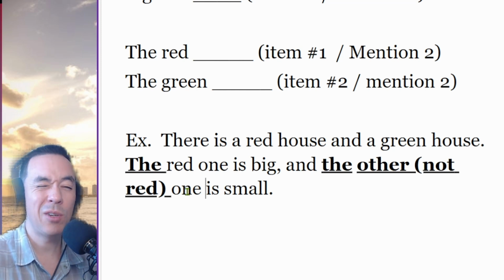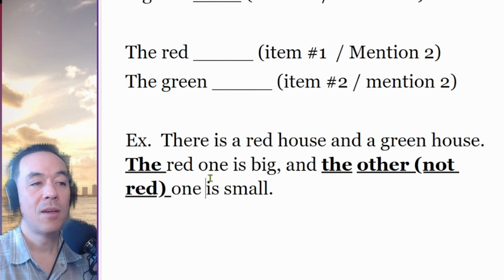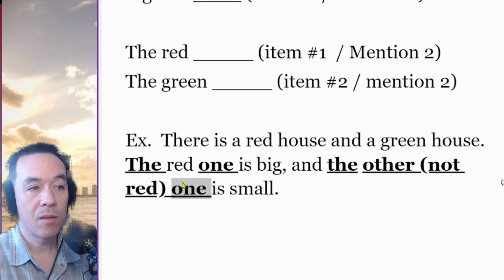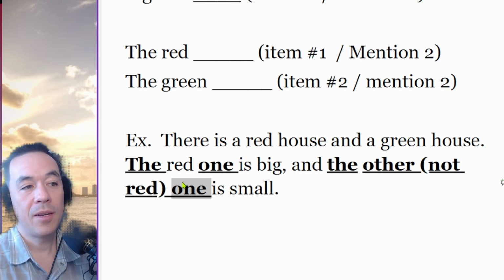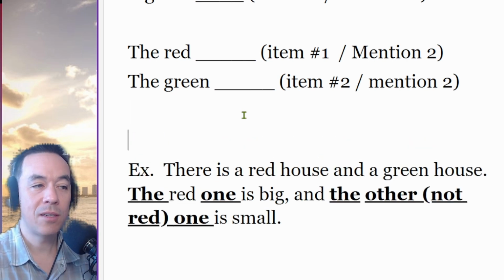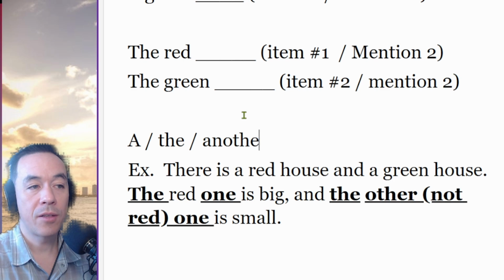Okay, so yeah, we use one. We also use one in this case. All right, just to keep it separate. Okay, yeah. So now we're really mixing and blending different things together: another, the other, and then one.